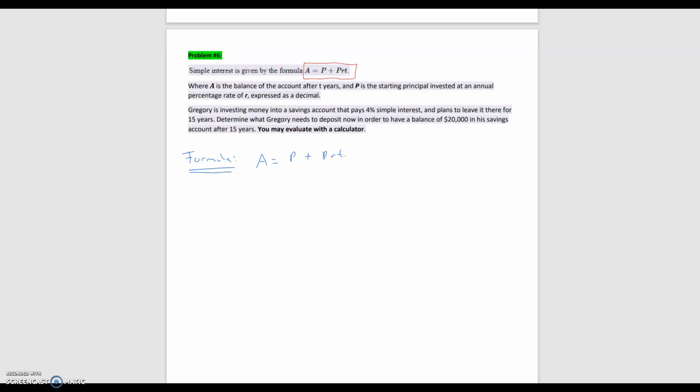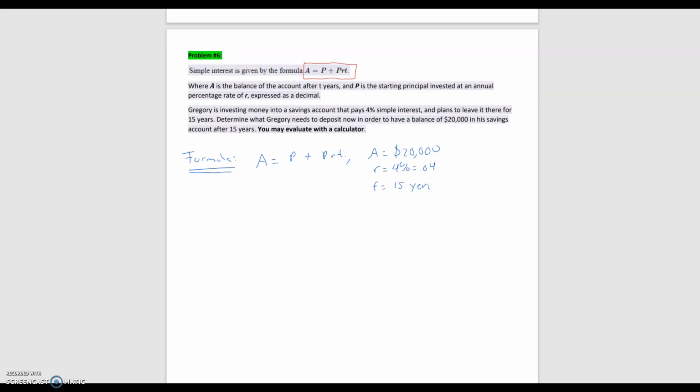So basically just one installment as opposed to multiple installments. And in this case, A is equal to 20,000. The interest is also 4%, which is equal to 0.04. And then T is going to be 15 years.